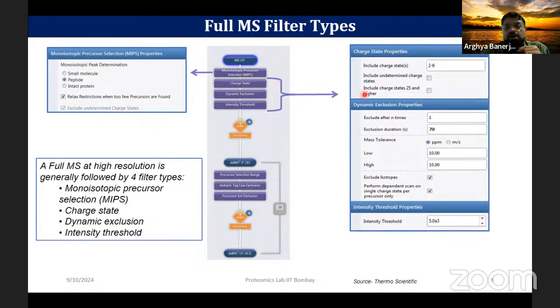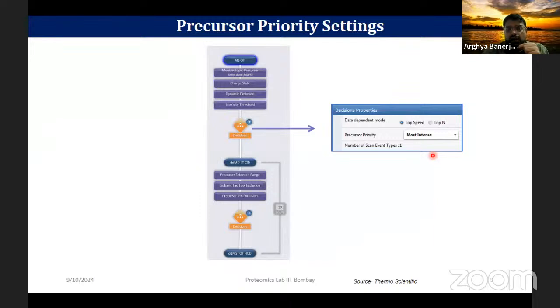The charge states can include 2 to 6, because this is one of the robustness which separates it from the multinotch, because in a single go you can monitor more than 2 charges: monoisotopic precursor selection, keeping it to peptides, full MS/MS resolution, charge state, dynamic exclusion, and ion threshold. So these all are the settings. We are good to go, and consider selecting the most intense ions at top speed mode.